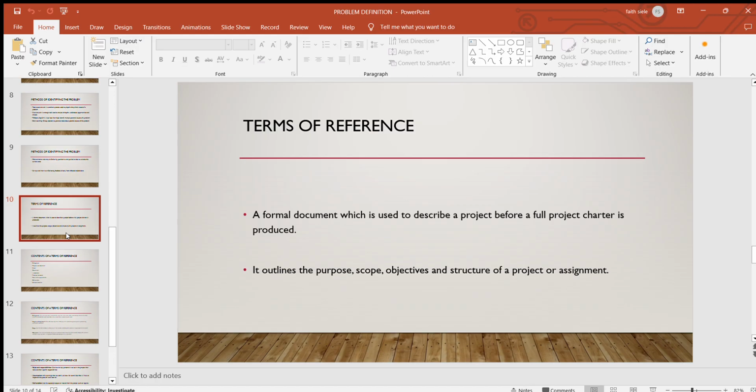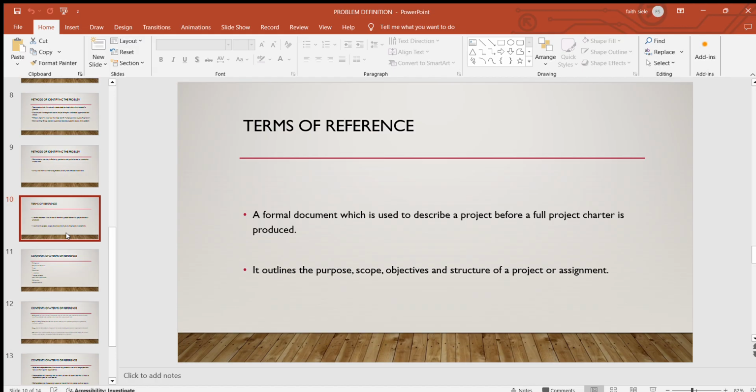Generally it sets out the scope of what needs to be done on a particular piece of work, outlining the purpose, the scope, the objectives, and the structure of a project or assignment. In system analysis, the terms of reference usually provide clear guidelines on what needs to be addressed and even set the boundaries for that particular work to be done.